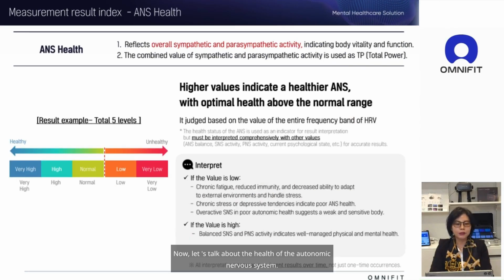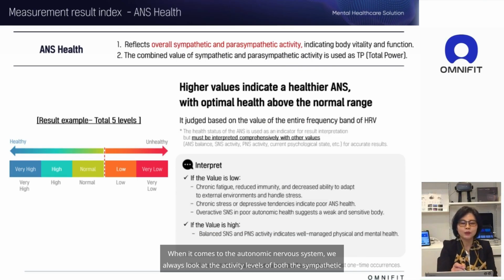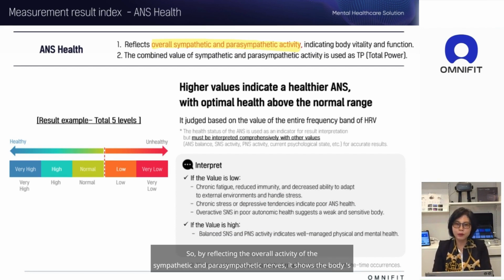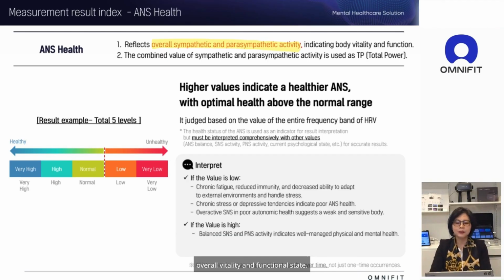Now, let's talk about the health of the autonomic nervous system. When it comes to the autonomic nervous system, we always look at the activity levels of both the sympathetic and parasympathetic nerves. So, by reflecting the overall activity of the sympathetic and parasympathetic nerves, it shows the body's overall vitality and functional state.